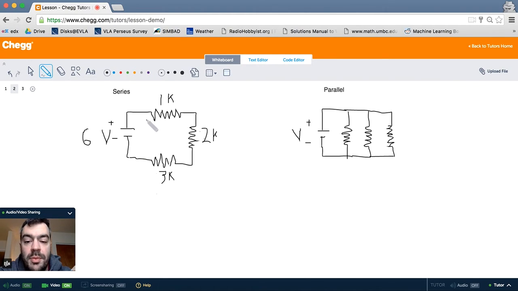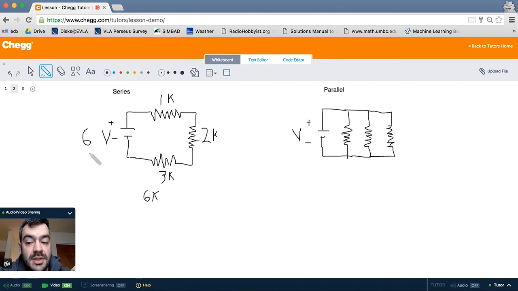So we can replace this set of resistors with an equivalent resistance. If you remember from your elementary circuit design class, circuits with series components have the resistances added. So the equivalent resistance is 1 plus 2 plus 3 kilo ohms, which is 6K.